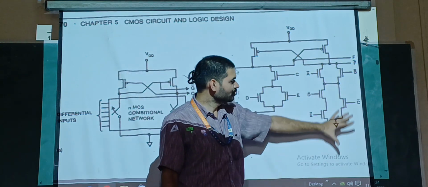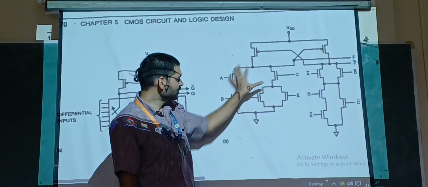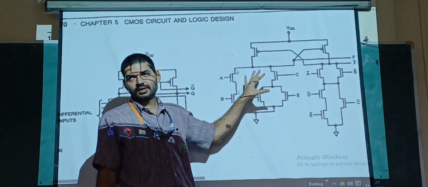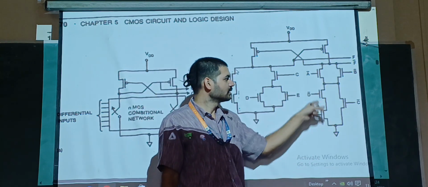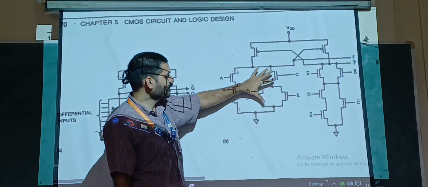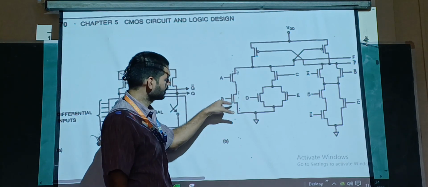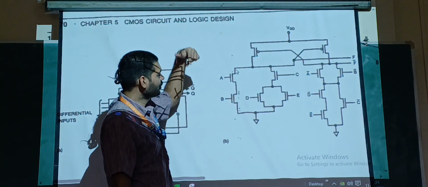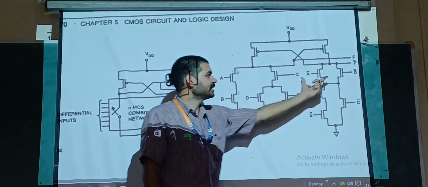In the NMOS, the main principle is that you have to draw the exact opposite here. So NMOS A B in series, like this; PMOS in parallel. The same thing here.